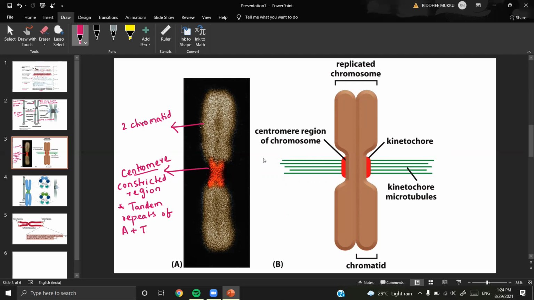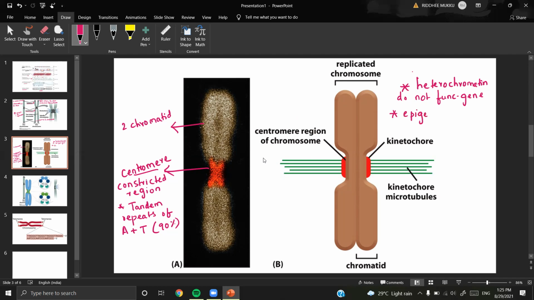Nucleotide, that is, we call it as these nitrogen base sequences are repeating. Mostly you can see that 90% of these particular ones in the centromere are going to be in this area only.